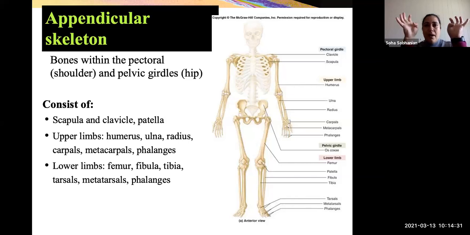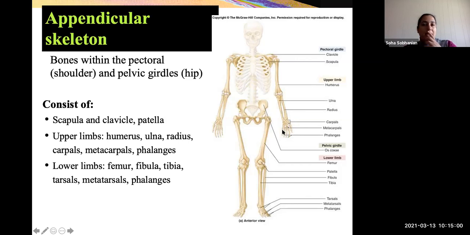The bone that runs on the side of your thumb is your radius. The bone that runs on the side of your pinky is your ulna. Notice the bones are parallel in this picture. The one I'm running my cursor on is on the side of the thumb, so that's your radius. And the one that is more medial to your body, on the side of your pinky, would be your ulna.